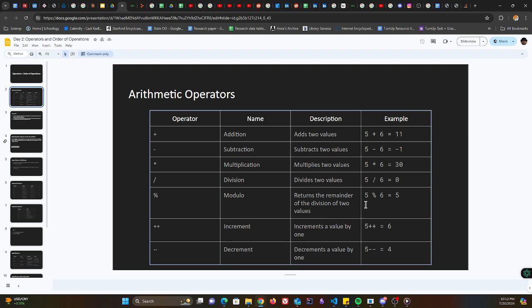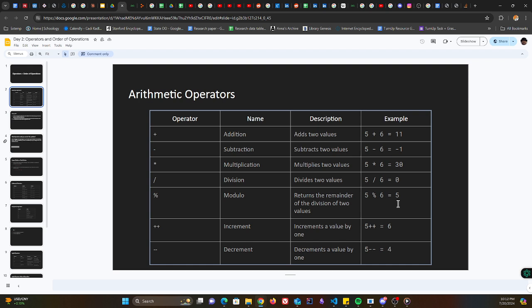If you were to do 4 modulo 2, that would equal 0 because 2 is a factor of 4. So if you divide 4 by 2, you just get a remainder of 0.